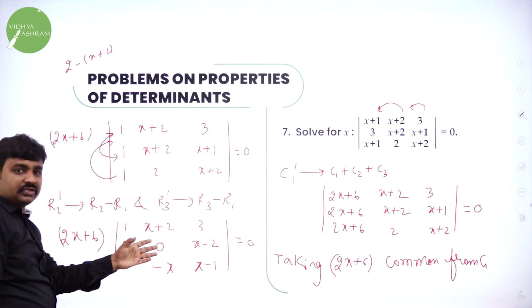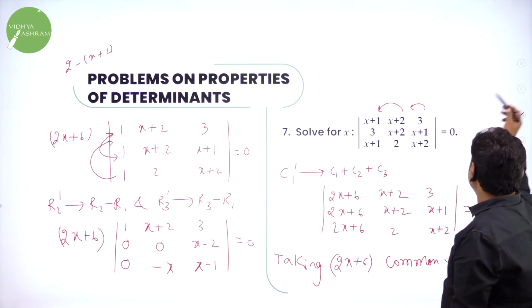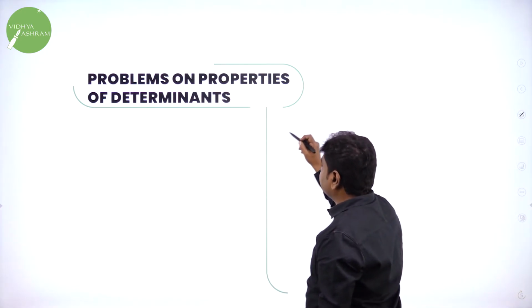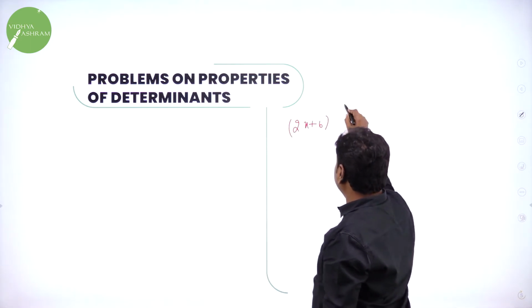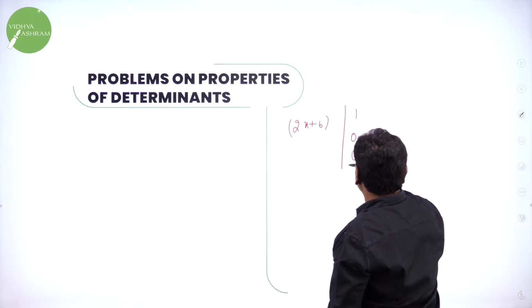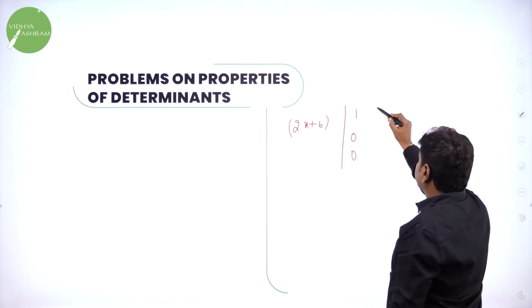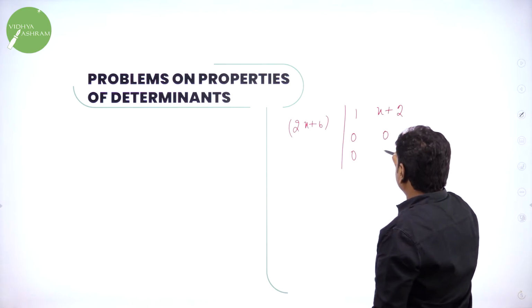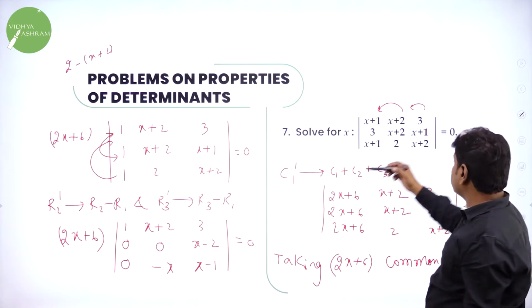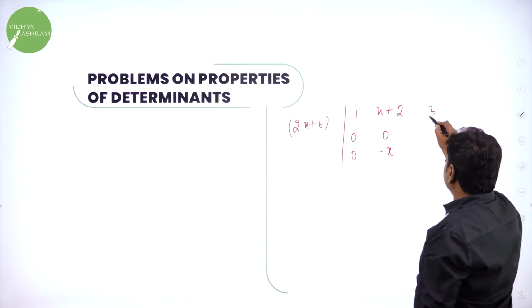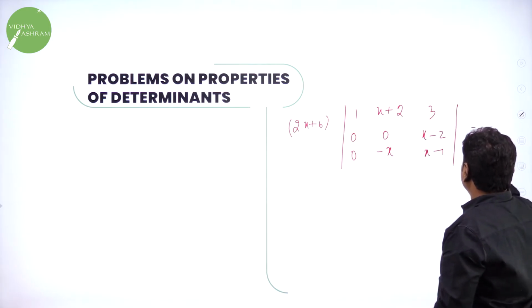Now expand this, we will get the answer. 1, 0, 0, x plus 2, 0, minus x. So I will write this here: 2x plus 6 is one term, and the determinant of 1, 0, 0, then x plus 2, 0, minus x, then the third column 3, x minus 2, x minus 1, is equal to 0 as they told.